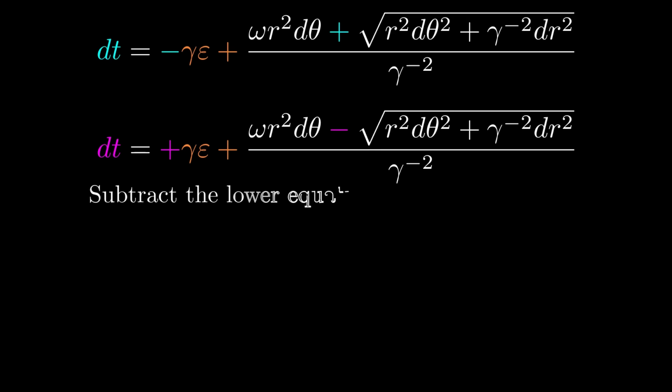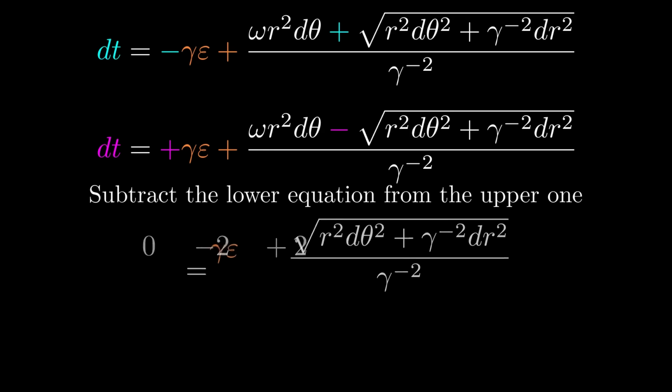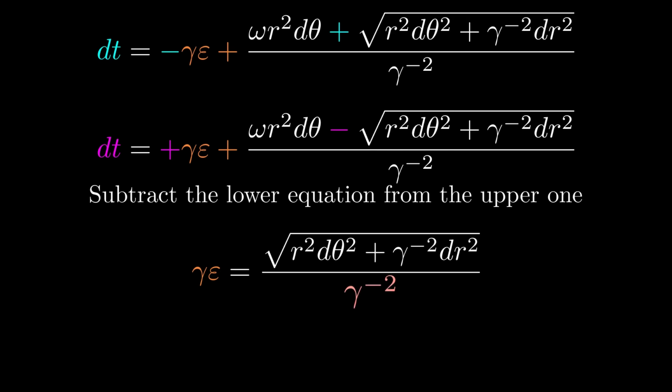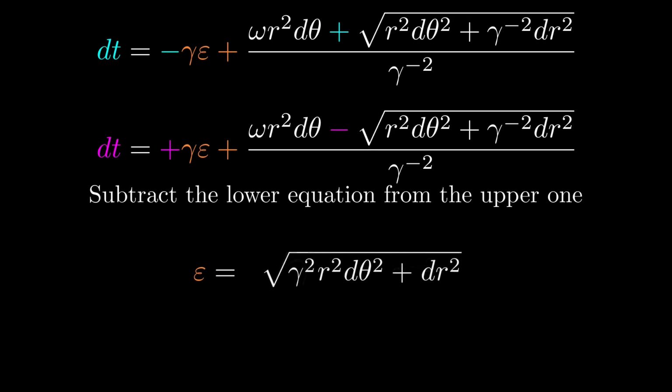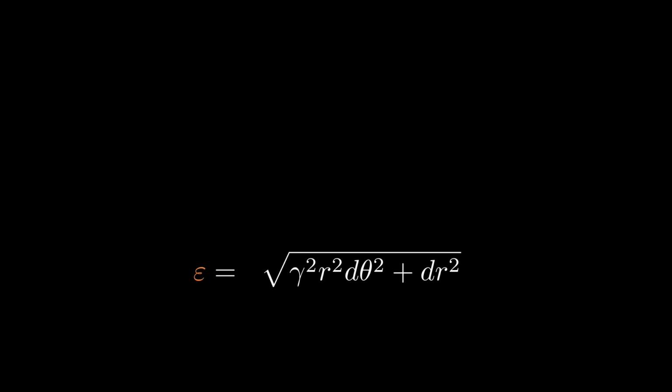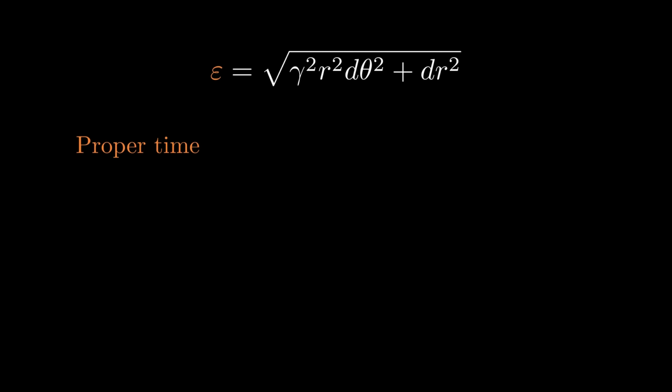Let us first solve for epsilon by subtracting the equations. With a little bit of algebraic manipulation, pause if you want to check the details, we obtain the following relation. It associates the proper time interval epsilon to the spatial coordinate differences of the light cone intersection. To reiterate the main argument, the proper time epsilon plays a double role in this equation.